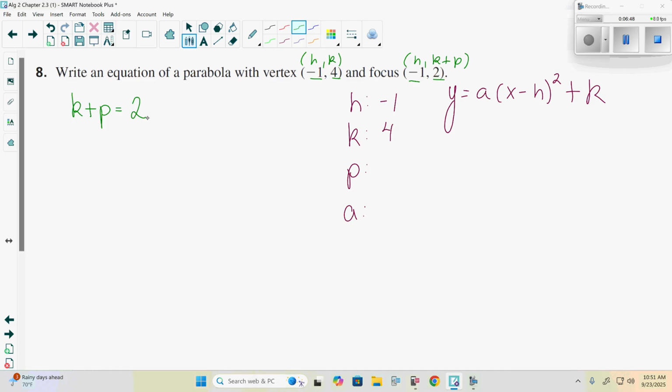We know what the value of k is. K is 4. So we're saying 4 plus whatever p is will give us 2. Yes, indeed. We would subtract 4 from both sides, telling us the value of p is negative 2.